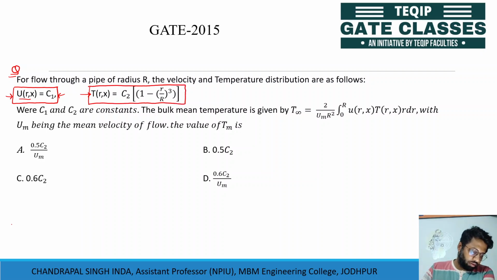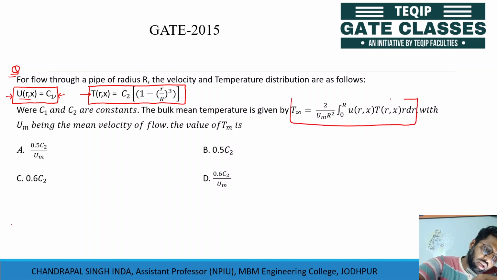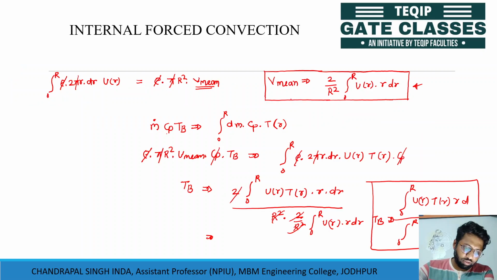Where C1 and C2 are constants, the bulk mean temperature is given by T infinite equal to 2 by um r square, integral 0 to r, u(r) T(r) r dr. This relationship is similar to what we had earlier.